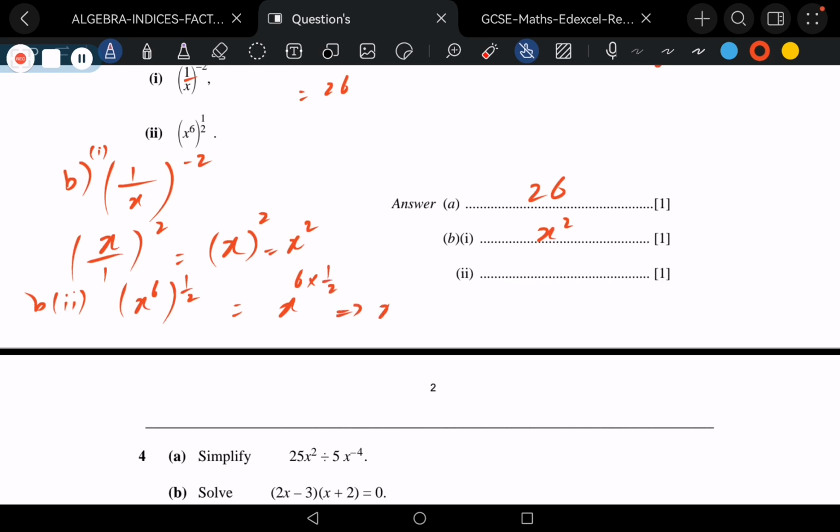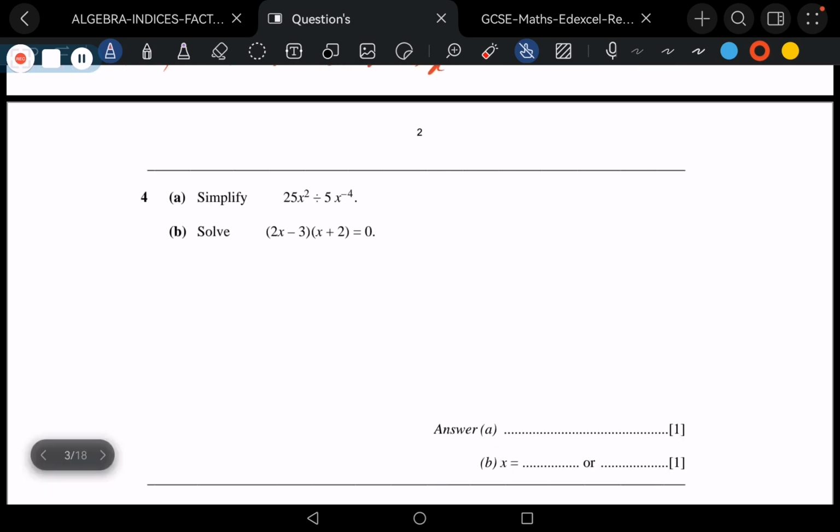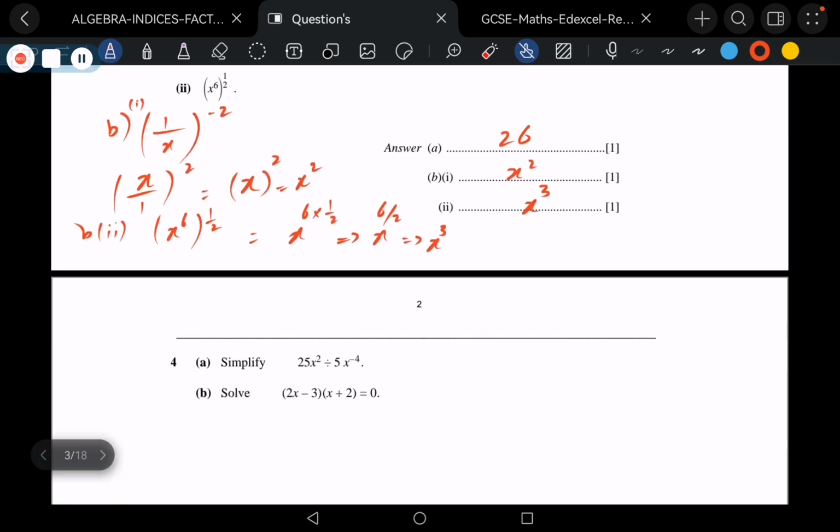So it's going to be x power 6 times 1 is 6, divided by 2. 6 divided by 2 is 3. So it's going to be x power 3. Right? So that was all about it. We also have a lot of practice questions that we can do.